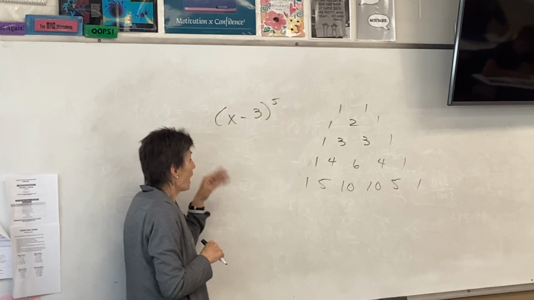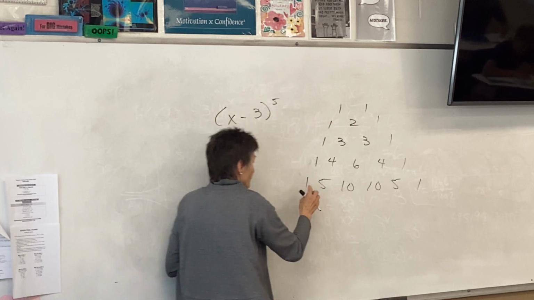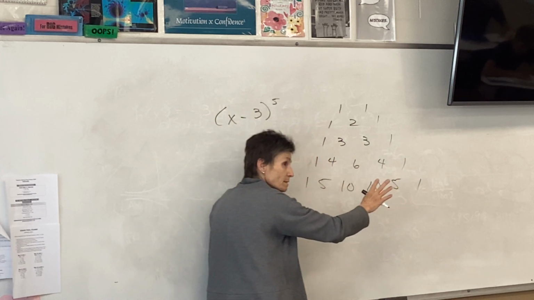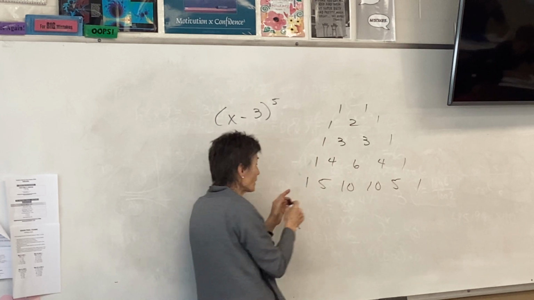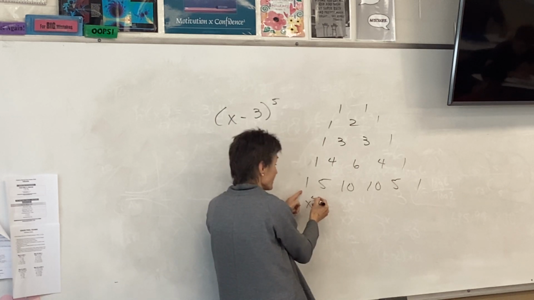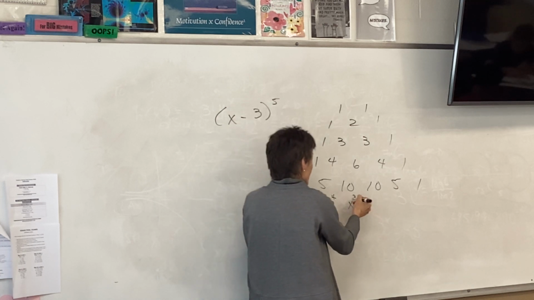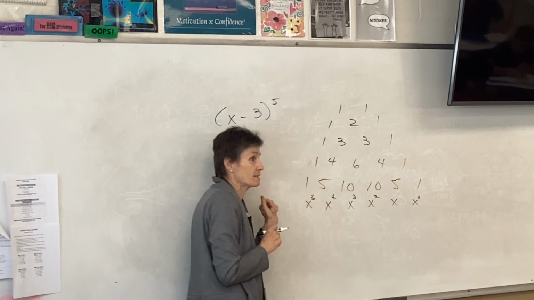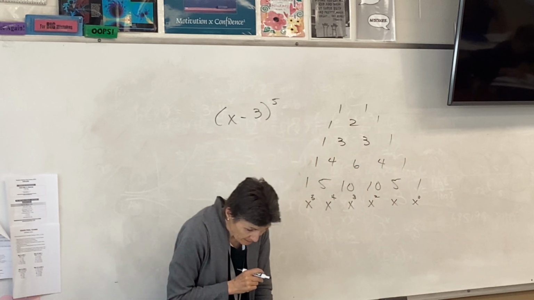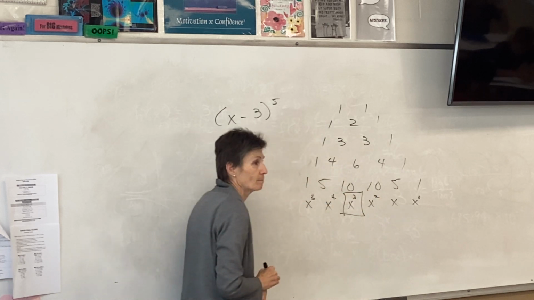Now, I know that if I expanded this out, there would be 1, 2, 3, 4, 5, 6 terms, and every single one of them would have an x in it. The first one would have an x to the 5th, and then x to the 4th, x cubed, x squared, x, and x to the 0. Those are the x's. I am particularly interested in this one right here.